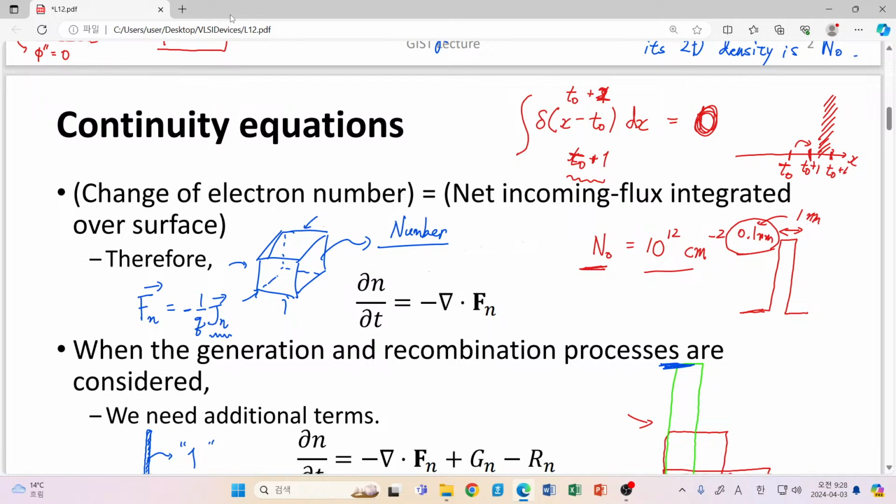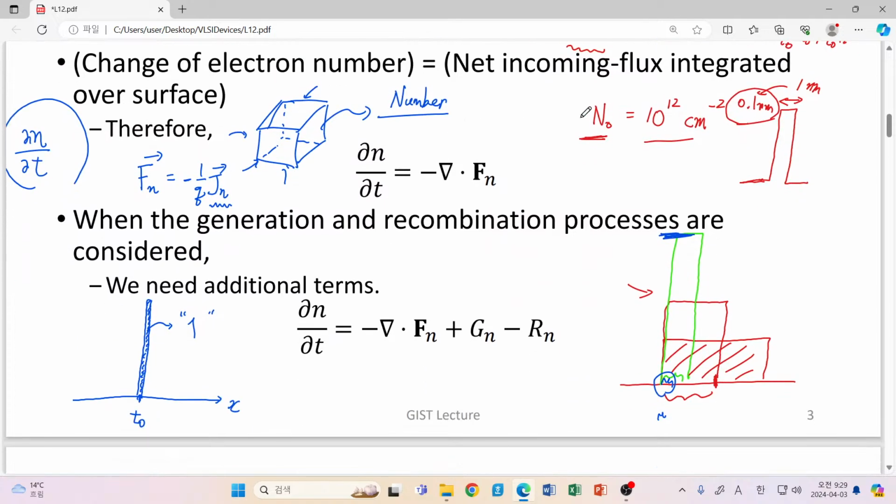So simply speaking, the continuity equation makes some relation between the time dependent change of our electron density, that is written as ∂n/∂t, and another incoming flux that is related with electron current density. That's the reason why our continuity equation just looks like this.